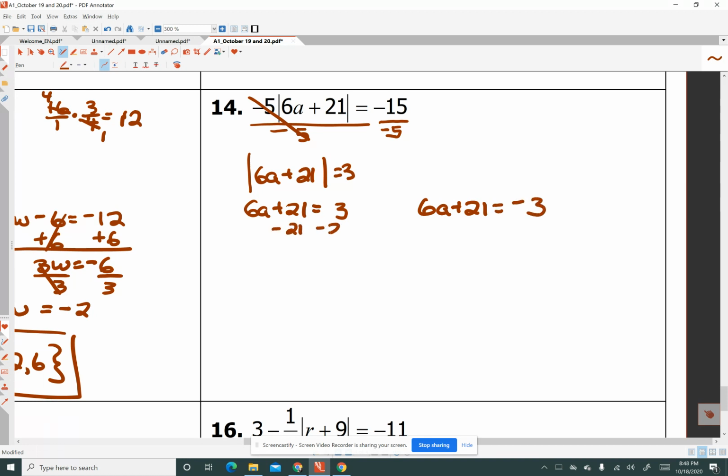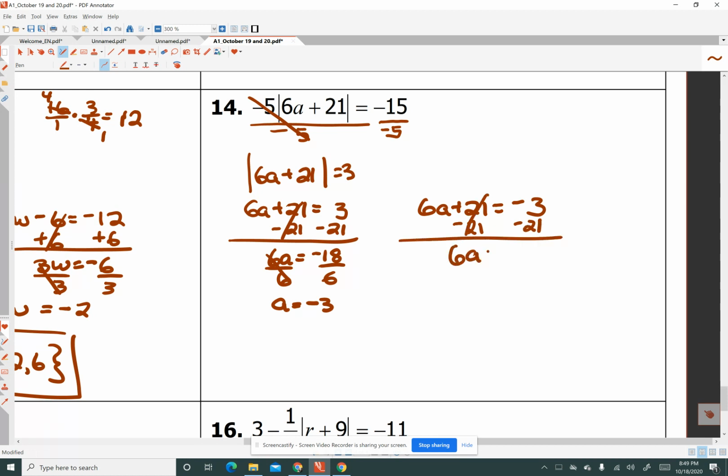Subtract 21 from both sides. 6a equals negative 18. Divide both sides by 6, and a equals negative 3. On our right-hand side equation, we'll subtract 21 from both sides. 6a equals negative 24.